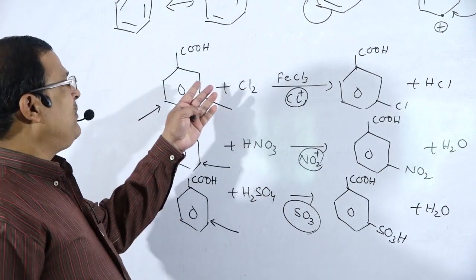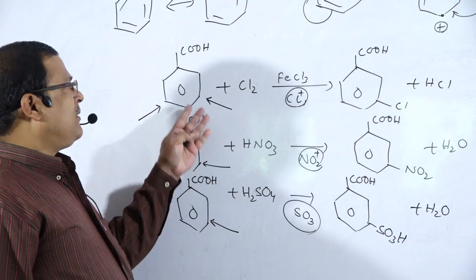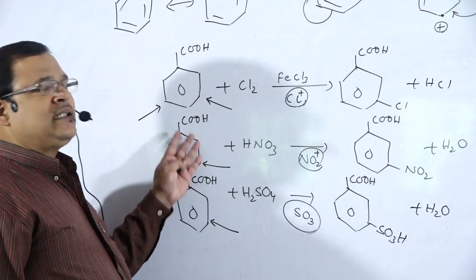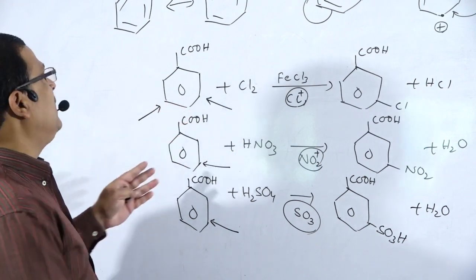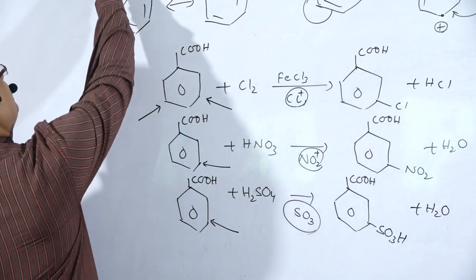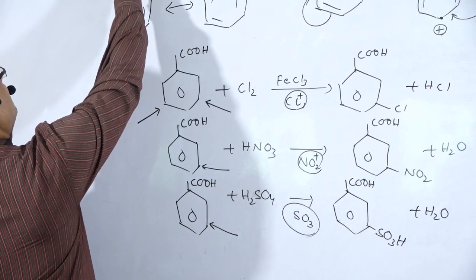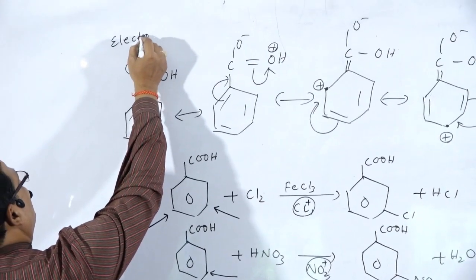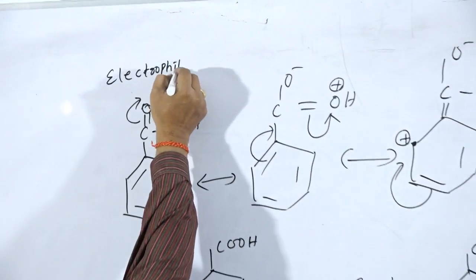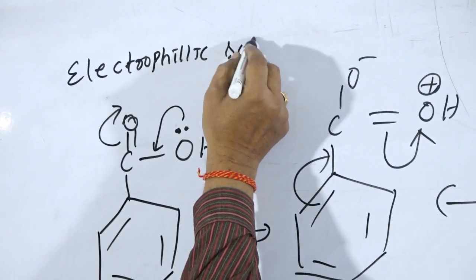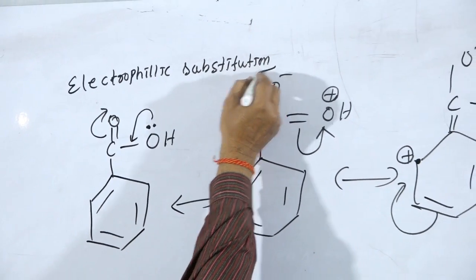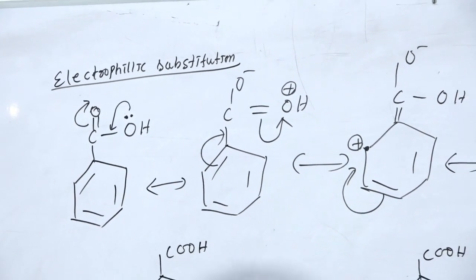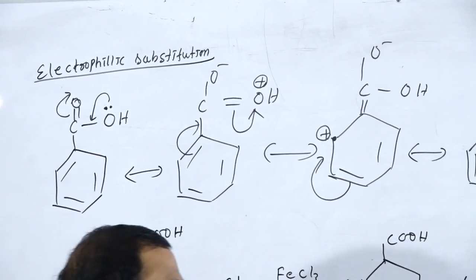So these are the specific reactions of aromatic monocarboxylic acids: electrophilic substitution reactions. The electrophile will get directed to the meta position.